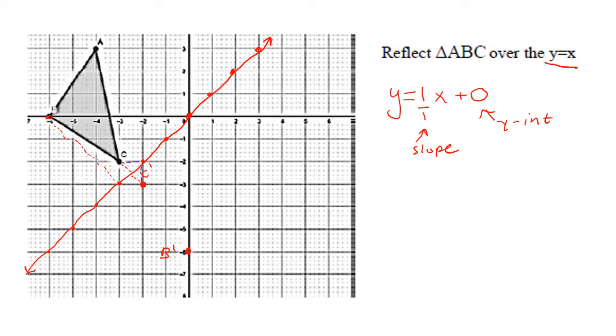Same with A prime. Okay, I am 1, 2, 3.5 units away, so I need to count the same in the opposite direction and label that A prime.